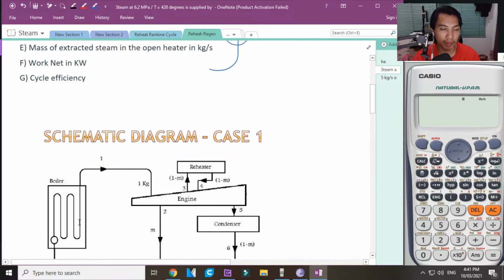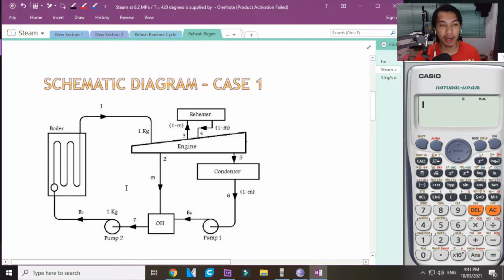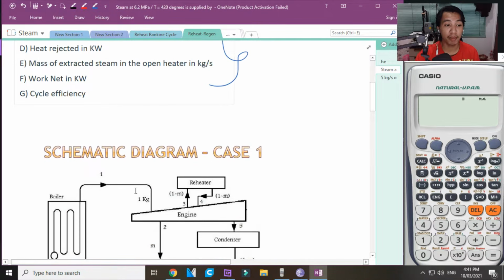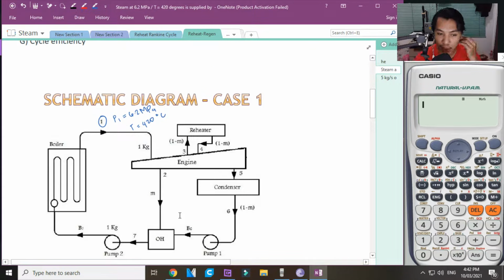Tingnan natin. So, this is the schematic diagram of the entire problem. Now, sabi dito, pumasok daw yung steam mo at point 1. Okay, P1 is at 6.2 MPa. And then temperature is at 420 degrees Celsius. Now, it will be extracted at pressure 2, P2. Okay, P2, 2.5 MPa.